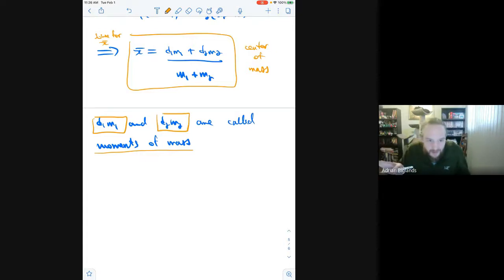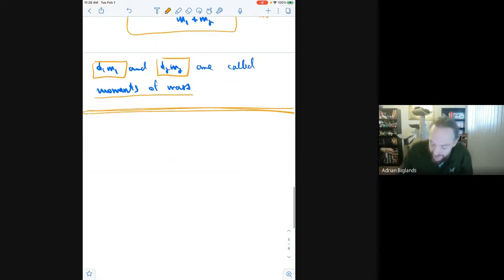So it's the moments of mass divided by the sum of the masses that is the center of mass. Why do I do that? Because it'll make a little bit more sense now when we jump to the two-dimensional scenario.